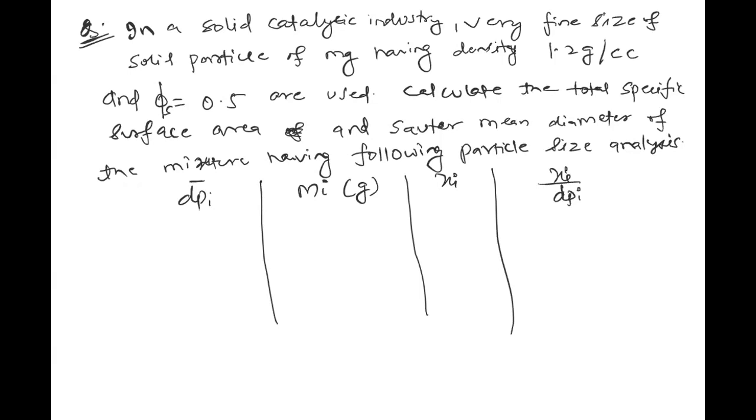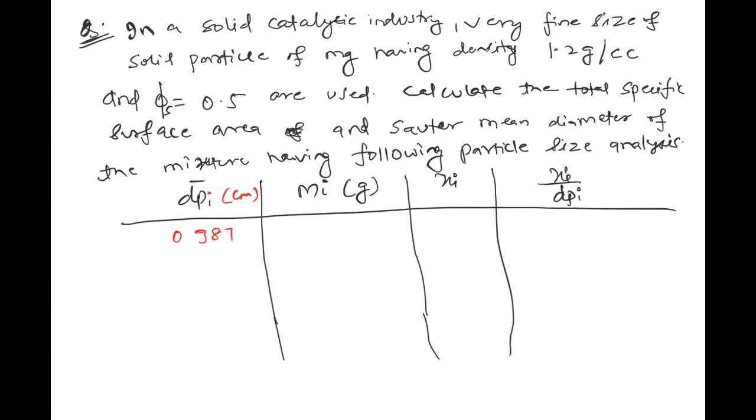All data are given. Here it is in centimeters. So DPI bar is given, it is 0.987, mi is 0.09, xi is 0.026, and xi by DP is given, no problem.